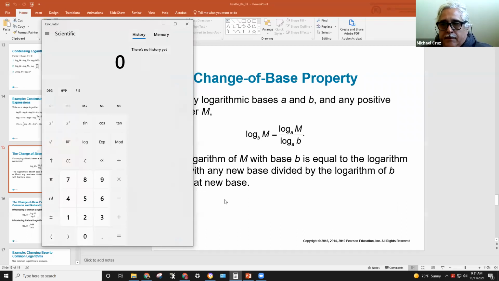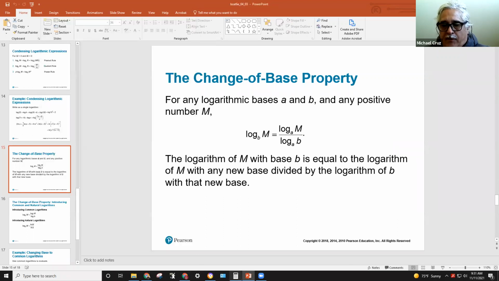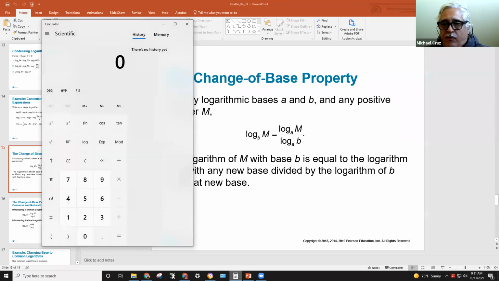You might be able to get it, but for most basic calculators, and especially back in older days before calculators, the only thing that people had was a chart in the back of the book that would give you a bunch of logarithmic values for base 10 and maybe for the natural logarithm. So since that's all you had, you would take advantage of this.